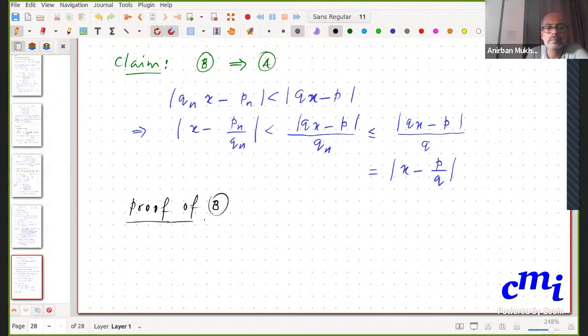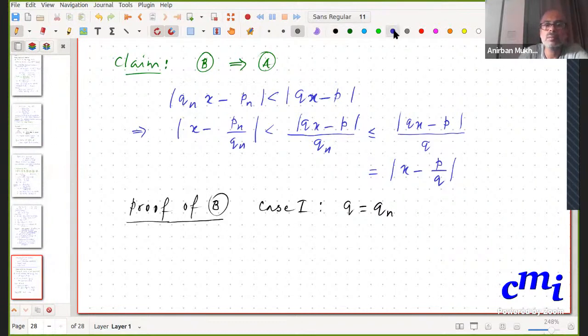Proof of B. Let's write that case 1. Q equal to Qn. Start with this case: Q equal to Qn.